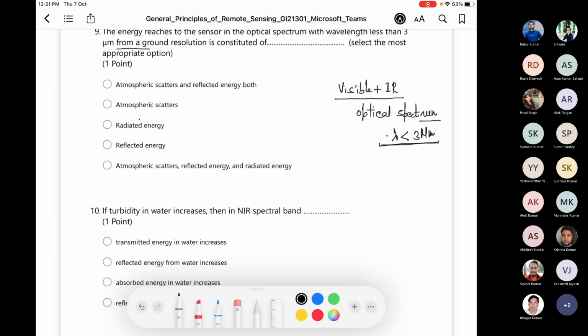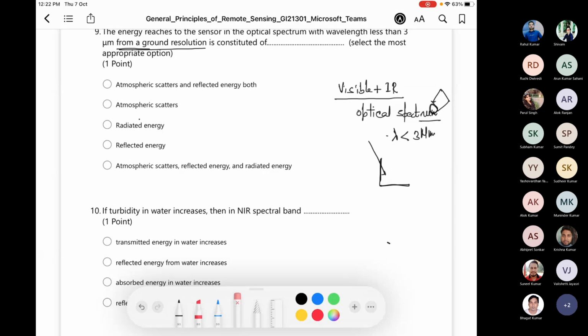From a ground resolution cell, that is an area where the interactions take place, when energy interacts with the ground resolution cell, it is further reflected or radiated back, and then it reaches, let's say, the sensor.